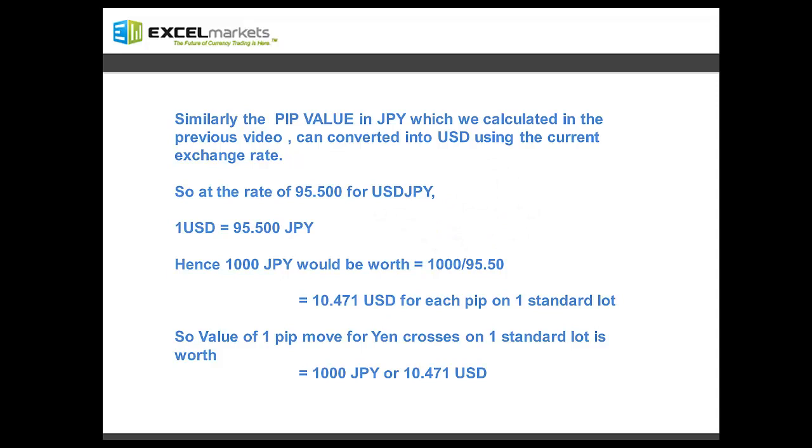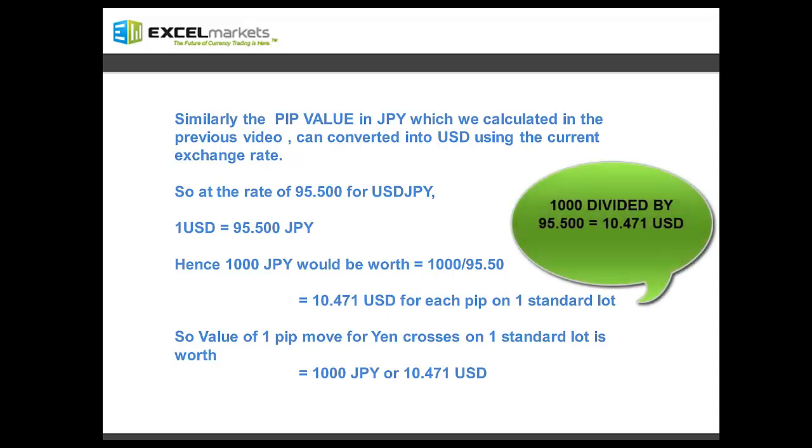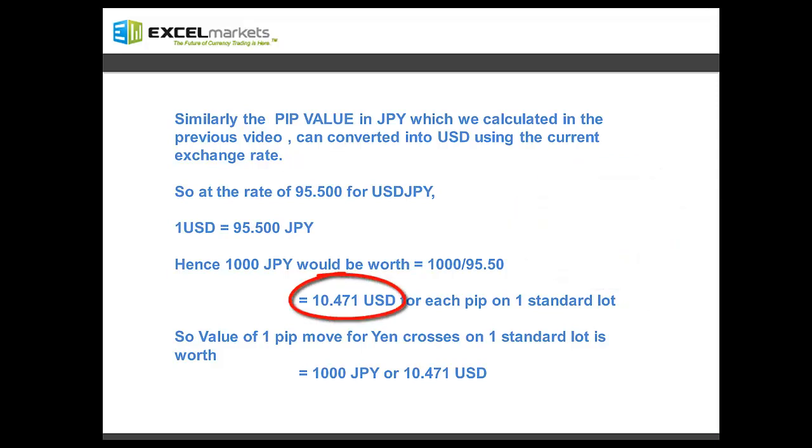Hence, 1000 Japanese yen would be worth 1000 over 95.50, which comes out to be 10.471 US dollars. So the value of 1 pip move for yen crosses on one standard lot is worth 1000 Japanese yen, which is worth 10.471 US dollars using the exchange rate of 95.500.